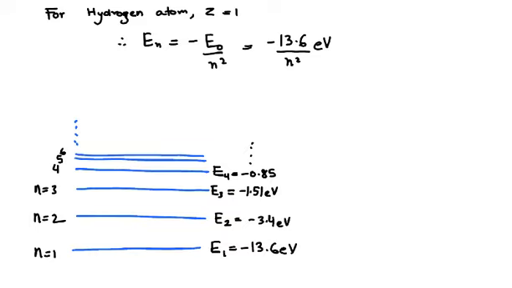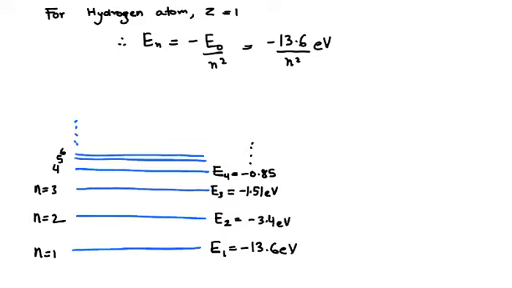Now if you want to calculate the energy of the nth orbit for the hydrogen atom, we just substitute capital Z equals 1 and we get this value of the nth energy. And here E naught is a constant equal to 13.6 electron volt.